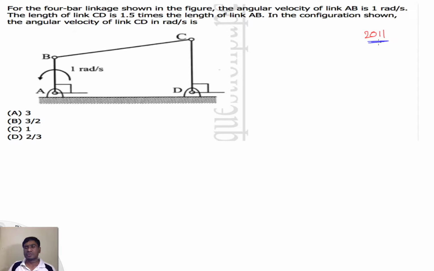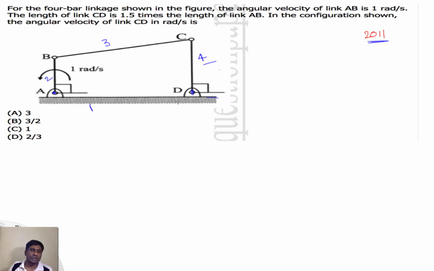So we immediately consider this problem. This was asked again in 2011, and if you observe, in this problem also the 4-bar link mechanism configuration is similar to the previous problem. Here, for example, this is 1 and 2, 3 and 4. Link 2 and link 4 are again parallel to each other and perpendicular to the horizontal.